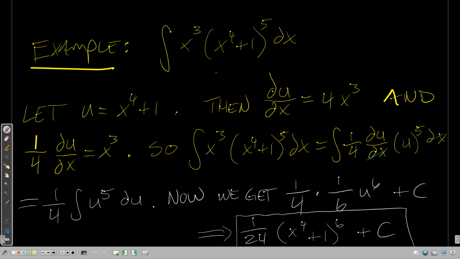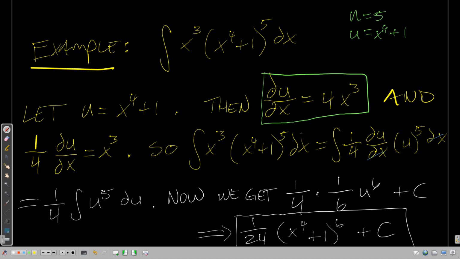Here's an example. Here we would take our u to be this part, right? My n here is 5, and my u is x to the 4th plus 1. So then this thing is u to the n. And the derivative of that u with respect to x is 4x cubed.